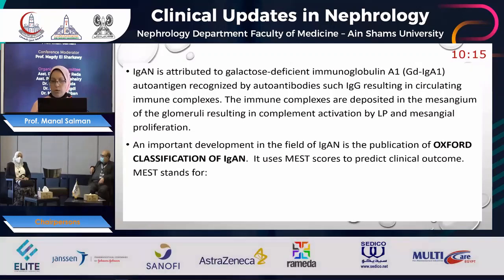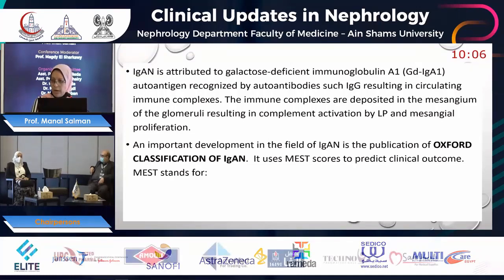What is new? The important development in the field of IgA nephropathy is the publication of the Oxford classification of IgA nephropathy. It is not very new, it has been around for a while.